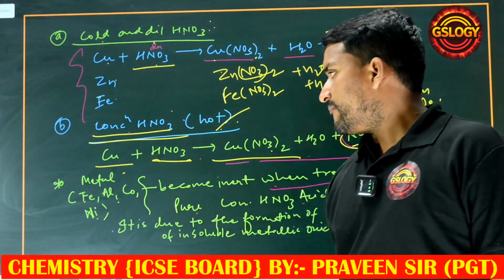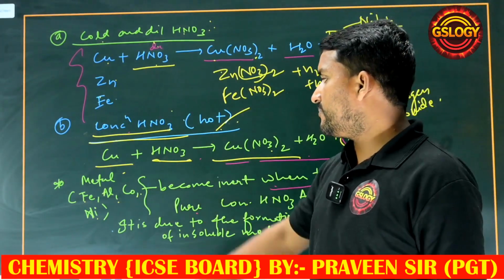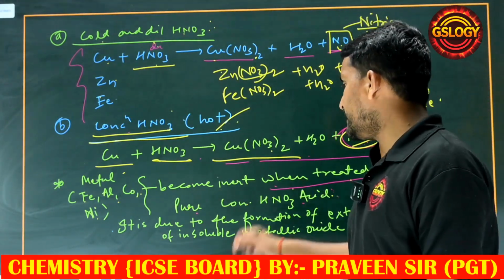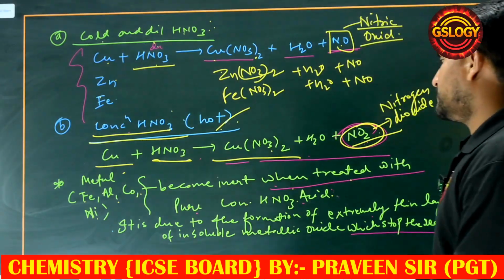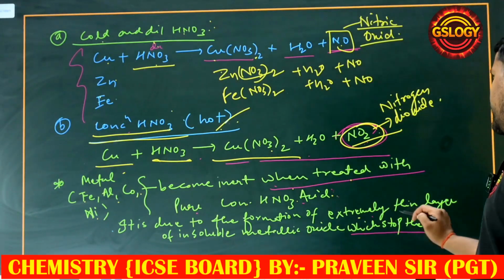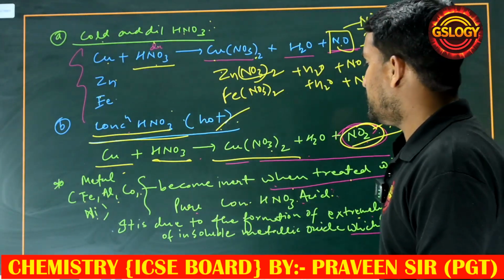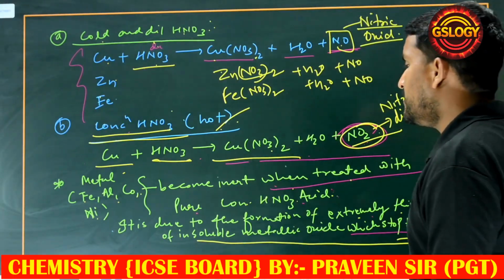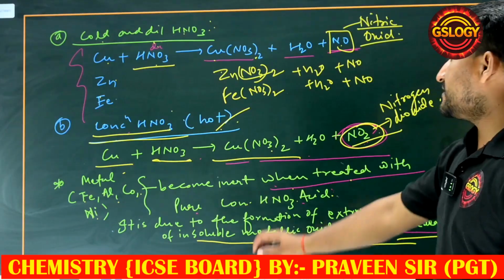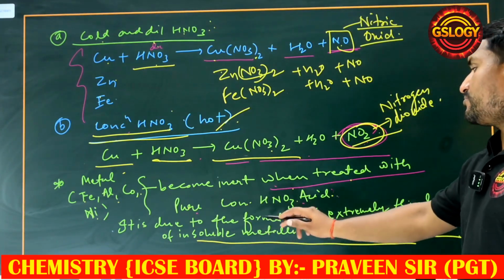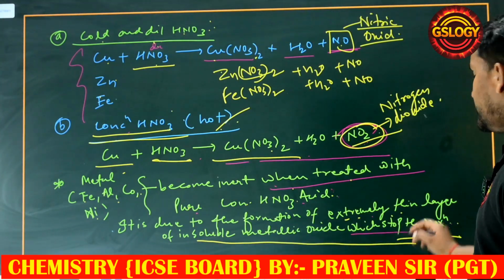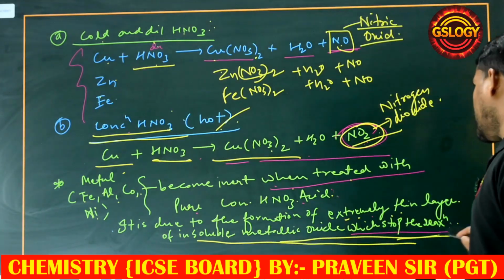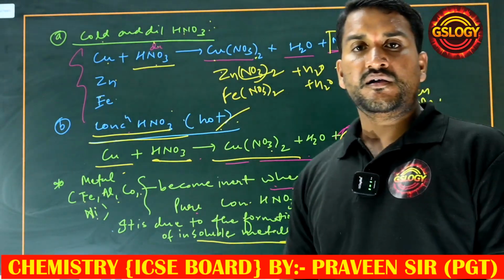Metals Fe, aluminum, cobalt, nickel are all inert with concentrated nitric acid. It is due to the formation of an extremely thin layer of insoluble metallic oxide which stops the reaction.